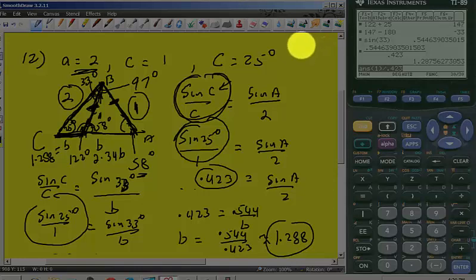Okay, so let's figure out all the triangles here. I have one triangle where my angle A is 58 degrees, and side A is 2, and angle B is 97 degrees, and side B is 2.346, and angle C is 25 degrees, and side C is 1. I have that triangle.